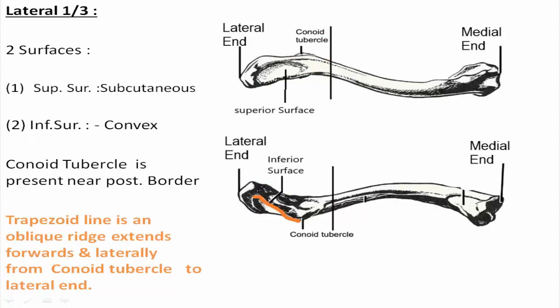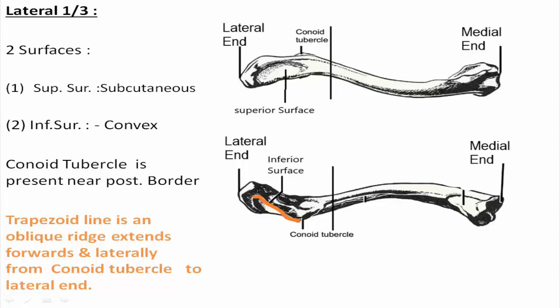Lateral 1/3 part of the clavicle has two surfaces also. Superior surface is subcutaneous, lying just below the skin, and inferior surface is convex. On this surface, one tubercle is present just near the posterior border, that is called conoid tubercle.